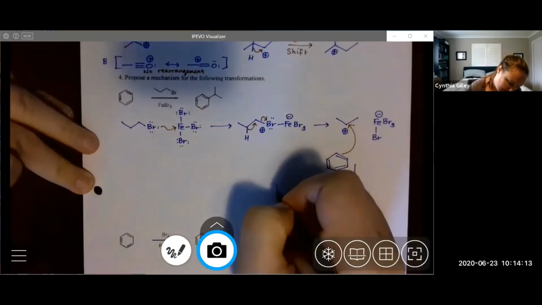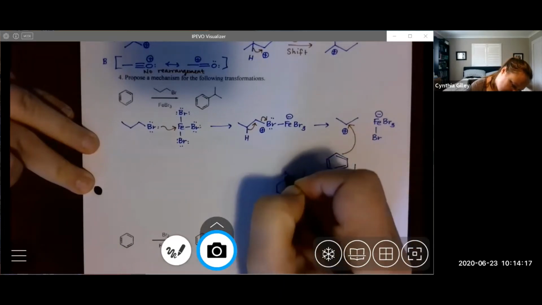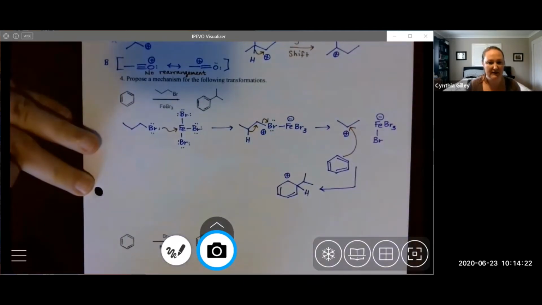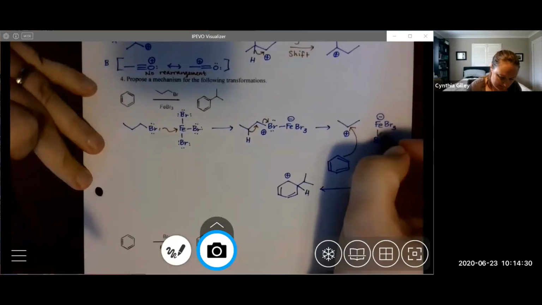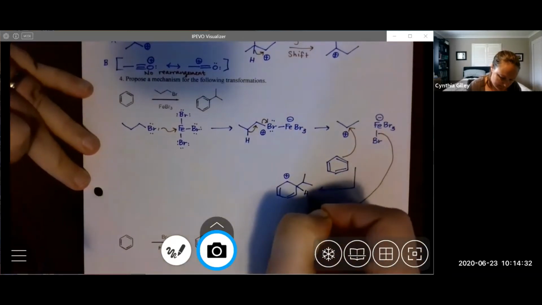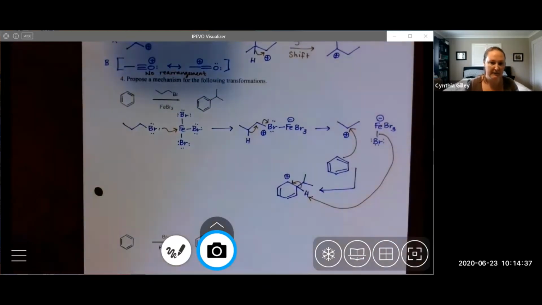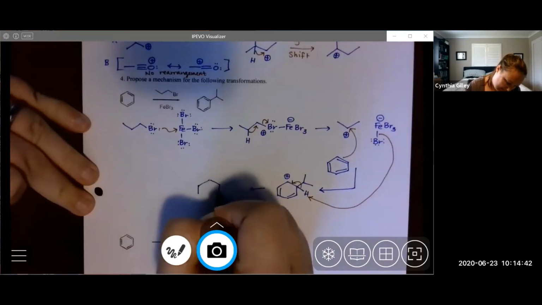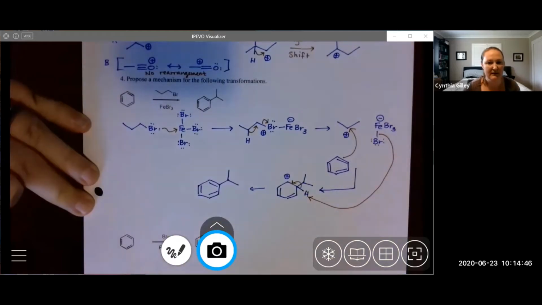That will generate the arenium ion. Which is this. So it's resonance stabilized, but we just don't need to draw all the resonance contributors. And then this can come in and act as a base and generate the aromatic ring. Now notice how we have a substituted benzene, isopropyl benzene.